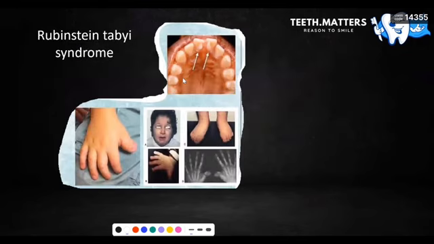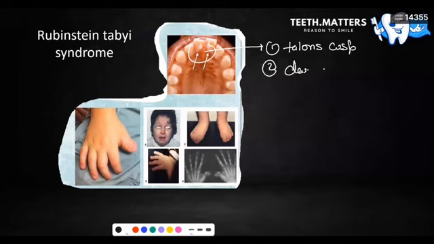Moving further, Rubinstein-Taybi syndrome. The main feature of Rubinstein-Taybi syndrome is talon cusp. So the first feature is talon cusp. There is also developmental retardation present in the patient.